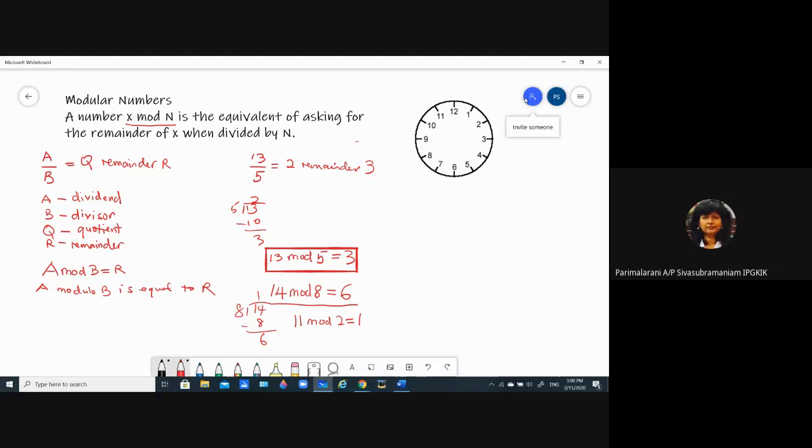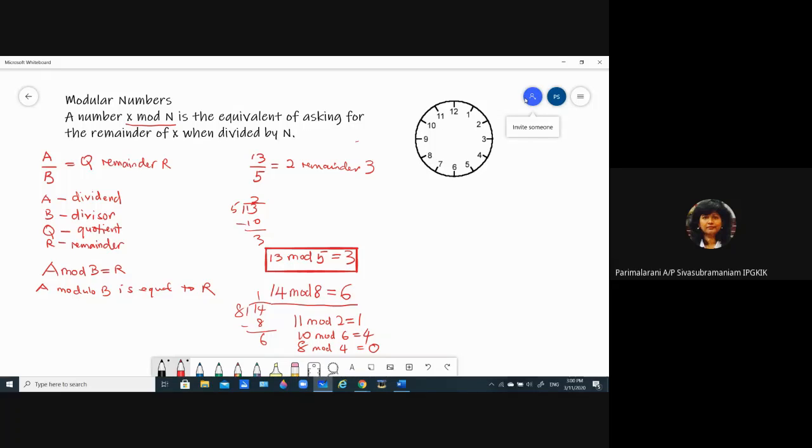Okay, 11 mod 2 is 1. 10 mod 6, 4. 8 mod 4, 0. Yes, correct. 8 mod 4 is 0. Okay, so this is what we mean by modular numbers. When we write this, you see this sign is equals. So 11 mod 2 means 11 divided by 2, the remainder is 1.